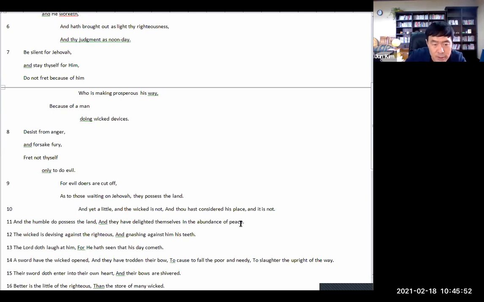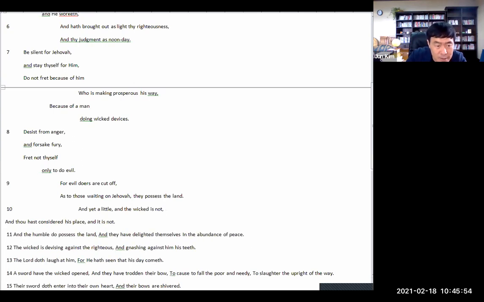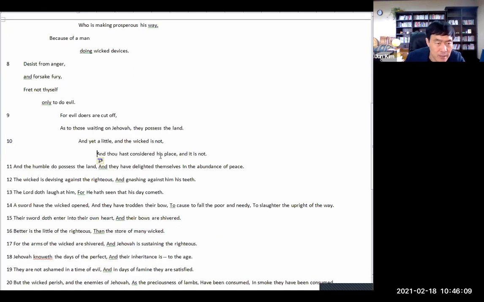"Thou hast considered his place." So this one belongs to this as well. Although you try to look at them, his place, the wicked is not, and it is not. So I think it provides the first level of idea. What about the humble?